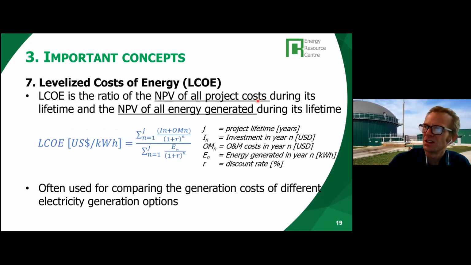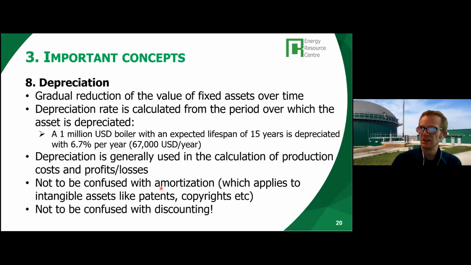So not the net cash flows as we do when looking at the NPV, but with the LCOE we only look at the project costs, and we also look at the present value of all the energy generated during its lifetime, and the ratio of the two is the levelized cost of energy, and that can also be used for comparing the generation cost of different electricity generation options.